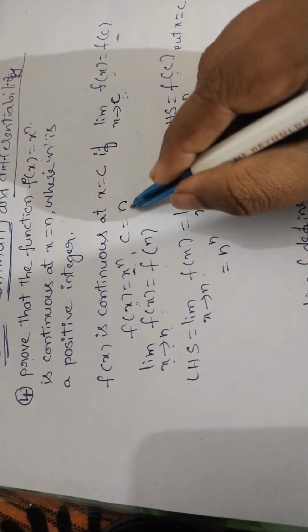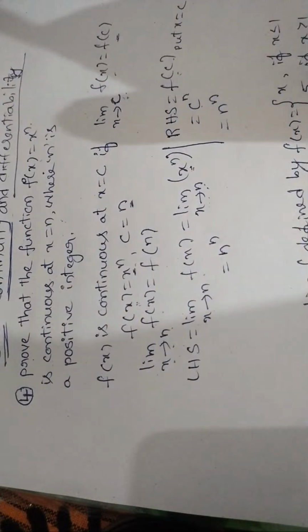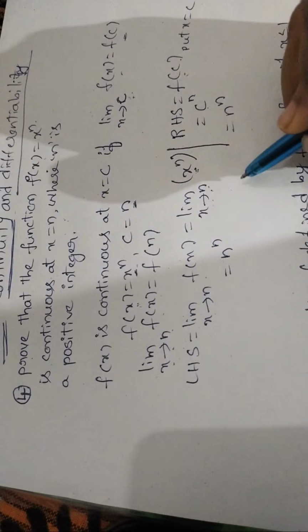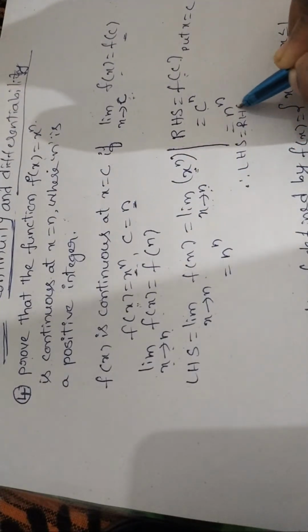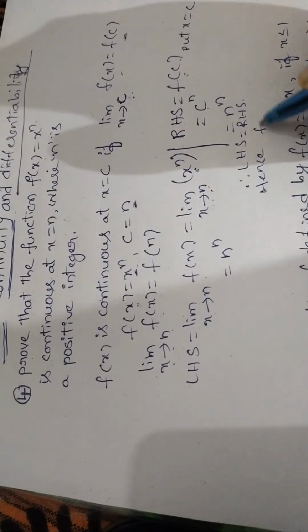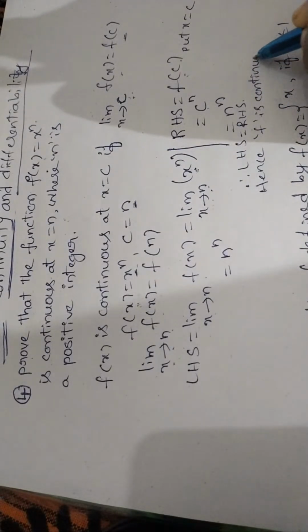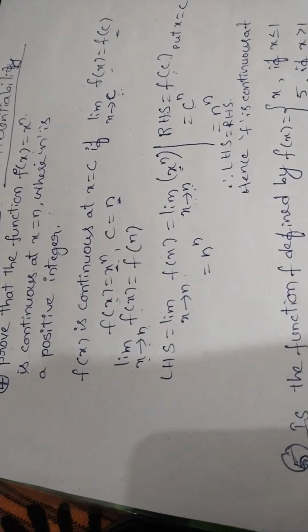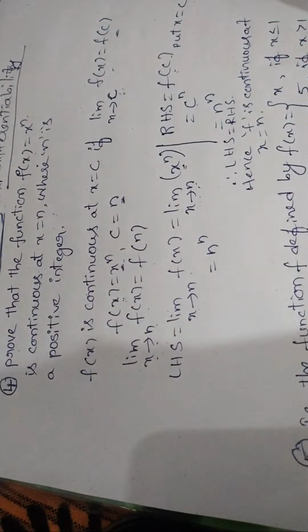Now what is the c value they gave? The c value is n, so n power n. LHS and RHS both are equal. Therefore LHS equals RHS, hence f is continuous at x equals n.